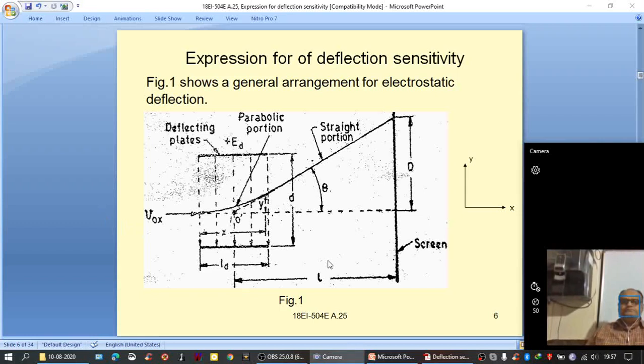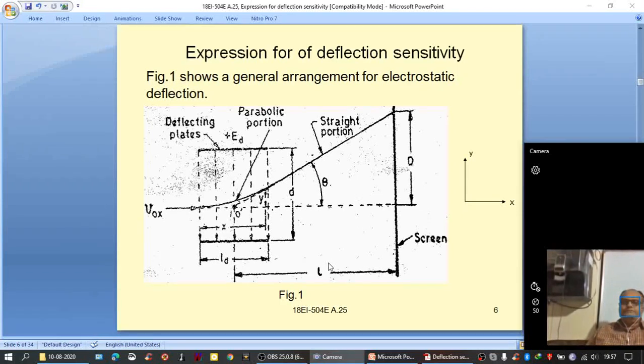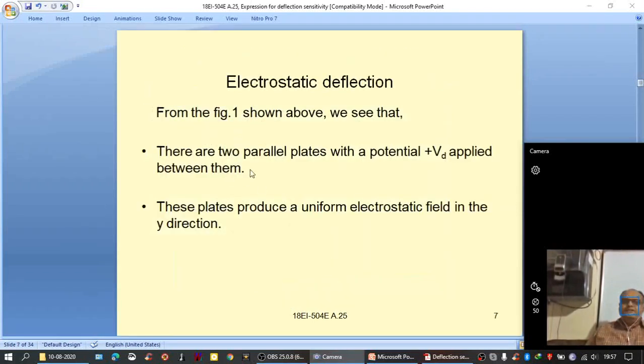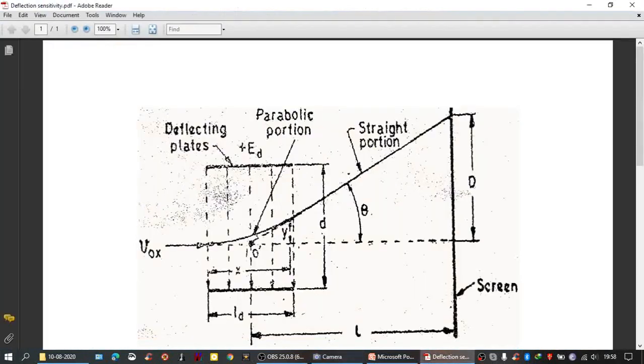Now there are two parallel plates with a potential Vd applied between them. These plates produce a uniform electrostatic field in the y direction, that is in this direction from top to bottom.